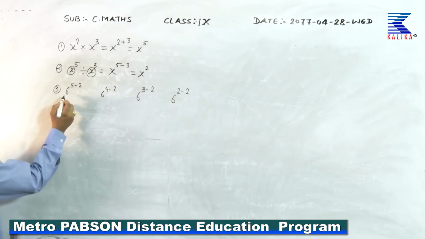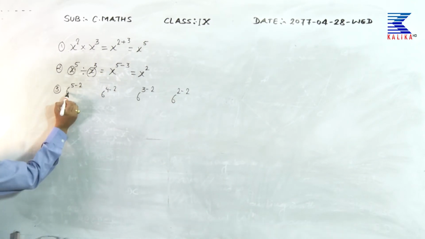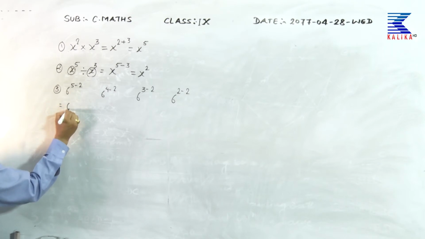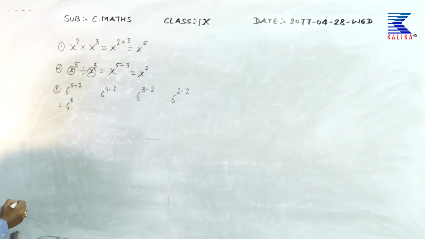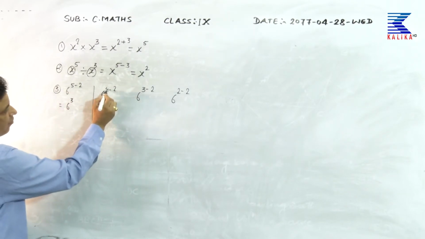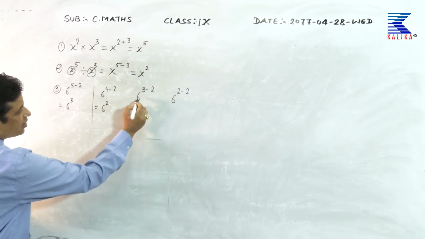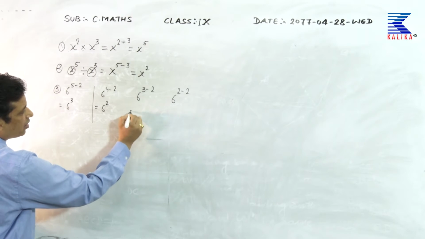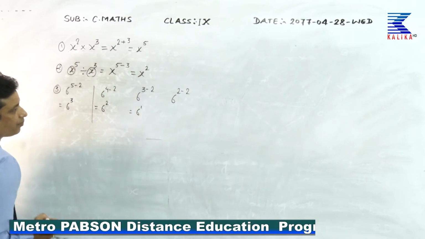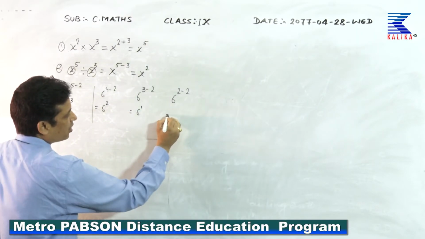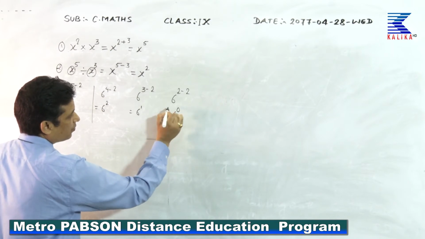So, to get the result, 6 to the power 5 minus 2 is obviously 6 cube, 6 to the power 4 minus 2 is 6 square, 6 to the power 3 minus 2 is 6 to the power 1, 6 to the power 2 minus 2 is 6 to the power 0.